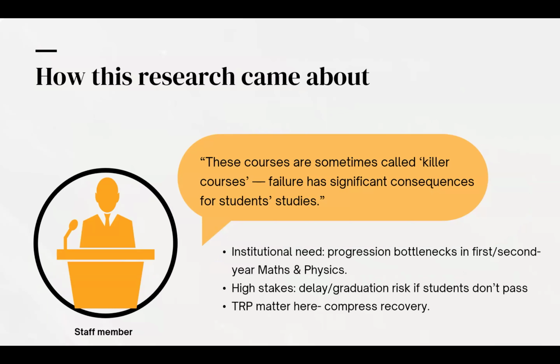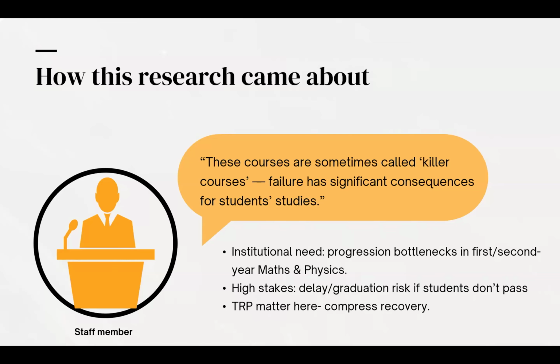Generally, these courses are prerequisites for other engineering courses and can set a student back anything between 6 months to a year. And that causes a lot of problems, including delaying graduation, students dropping out of the program, financial implications, and not to mention that there are also problems with confidence.